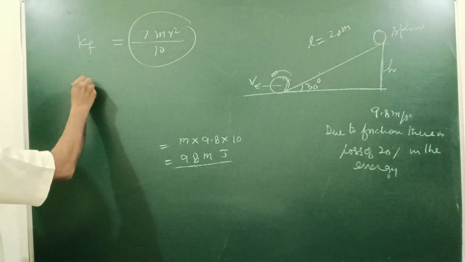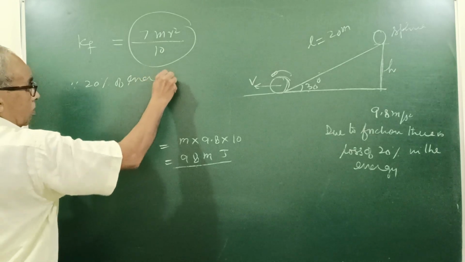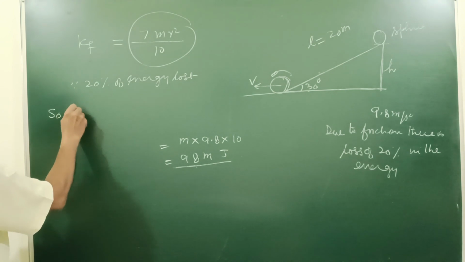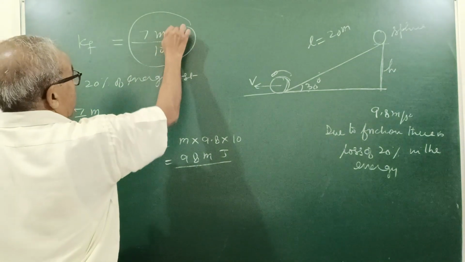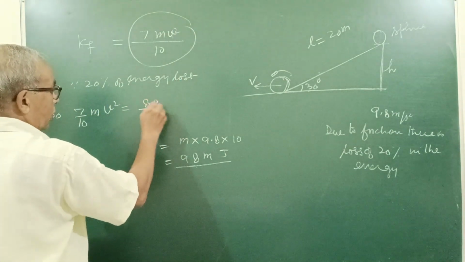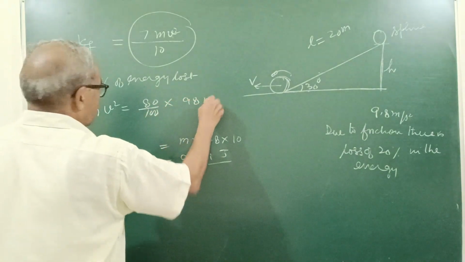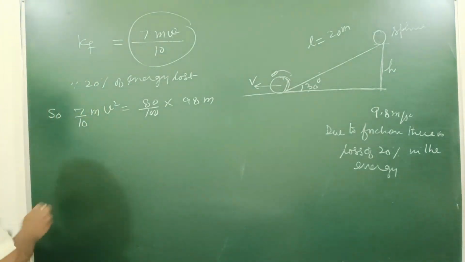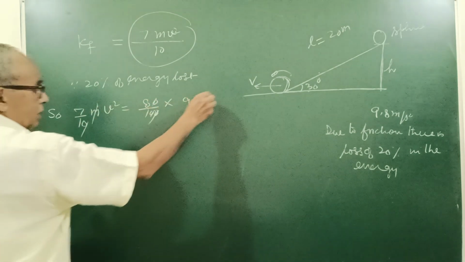You can write here 20% of energy lost. So 7/10 m v square equals 80/100 of 98 m. Very simple calculation, dear students. This 10 cancels, 8 cancels, m cancels.